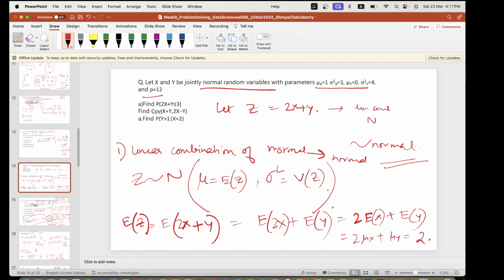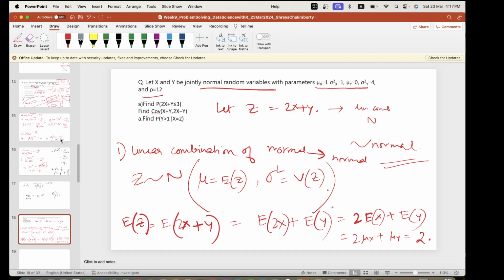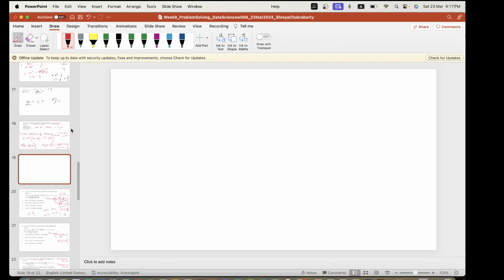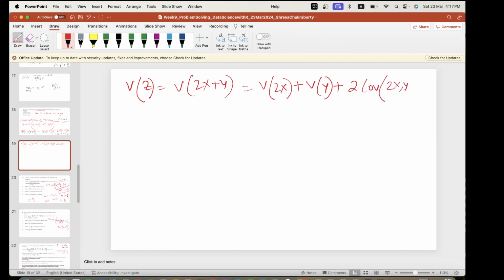Next comes the variance. Variance of z is variance of 2x plus y. This we will write as variance of 2x plus variance of y plus 2 times covariance of 2x and y.